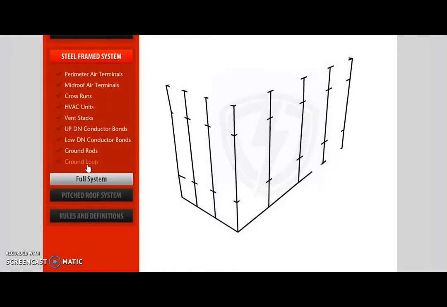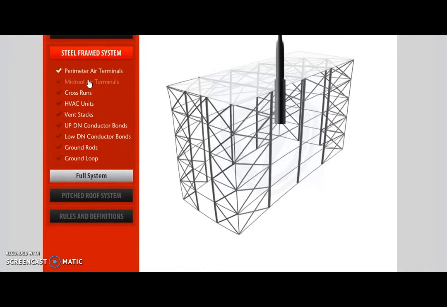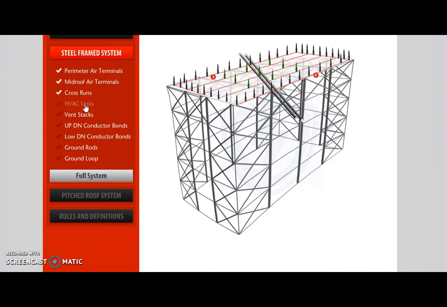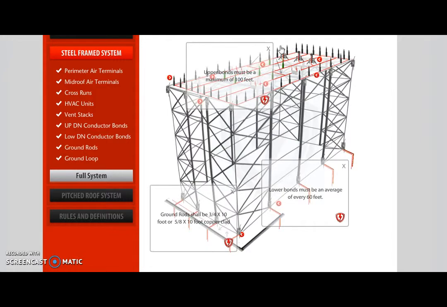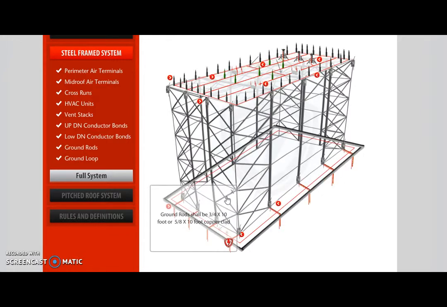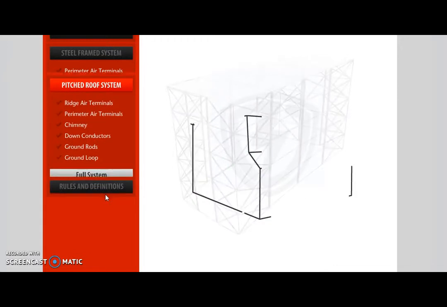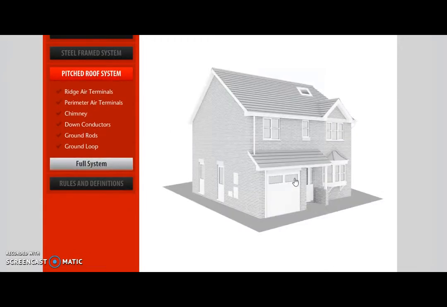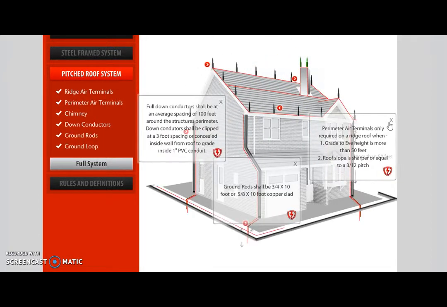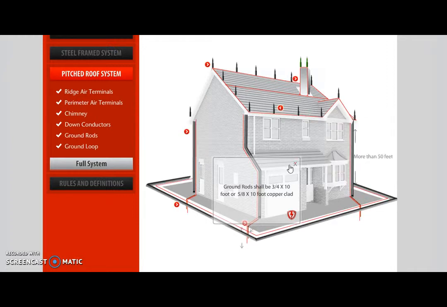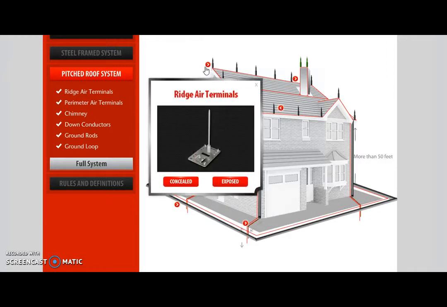Alright, so moving on to steel. Same idea, it works the exact same way here, just with a couple of different pieces and parts. Let's kind of see how that works there. And the pitch roof system. What's different about this, or the piece that I like the best on this one, is the ridge air terminals. Check those out.